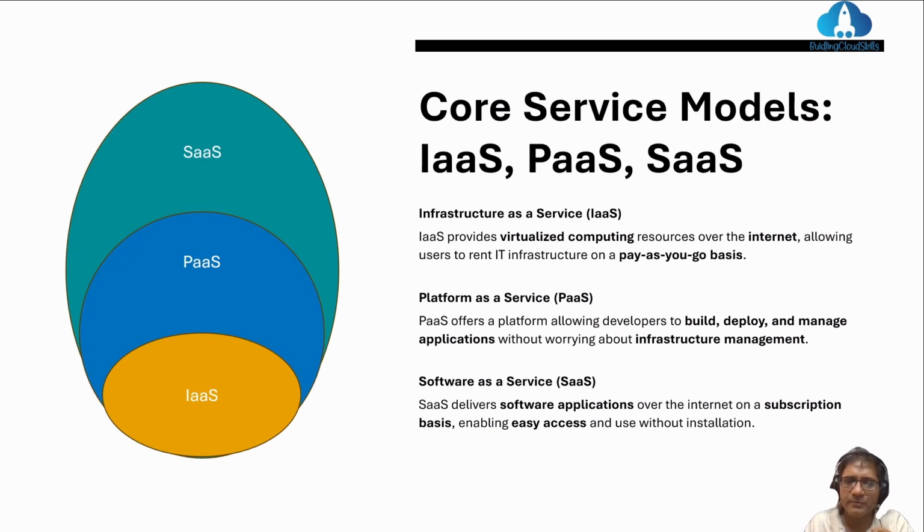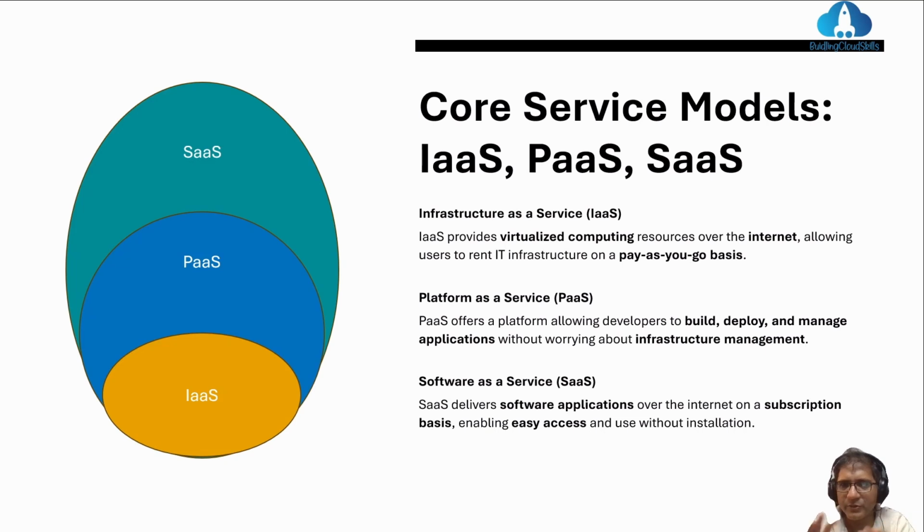Now, in terms of recommendations, whether you should go with software, platform, or infrastructure as a service: generally speaking, you always want to see if software as a service is available, and if so, go and use that. If not, then go to platform as a service and see if you can use a platform and build upon that. If software and platform are both not available, then you go to infrastructure.